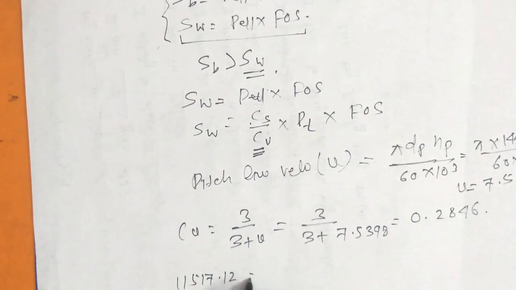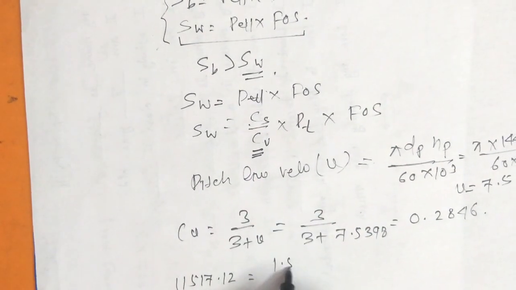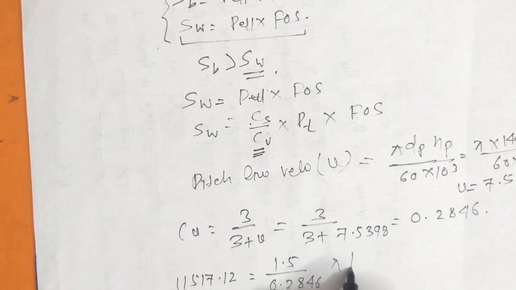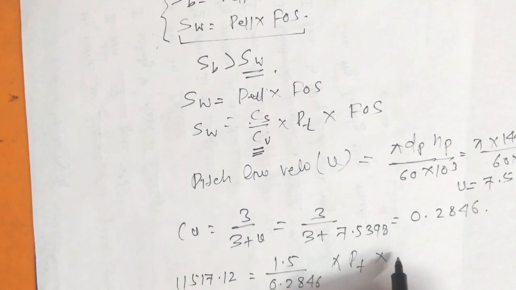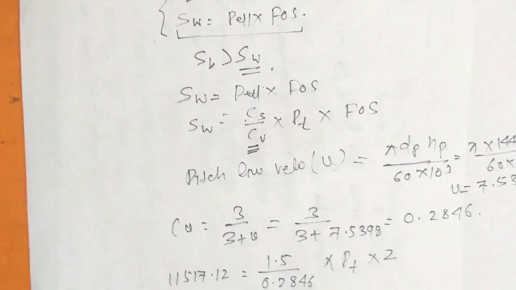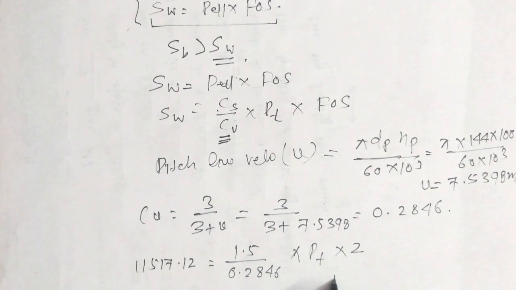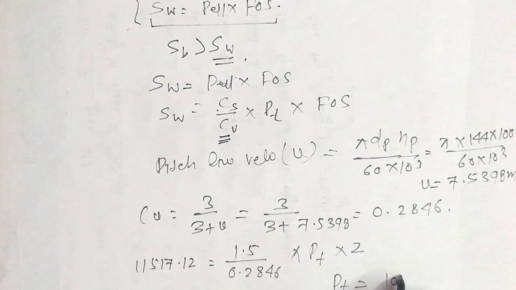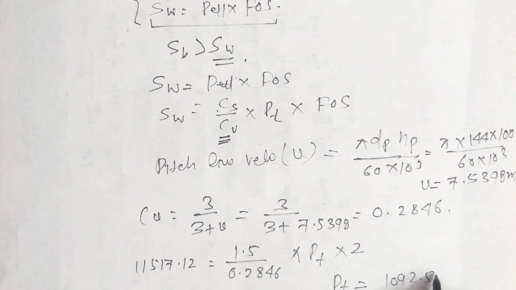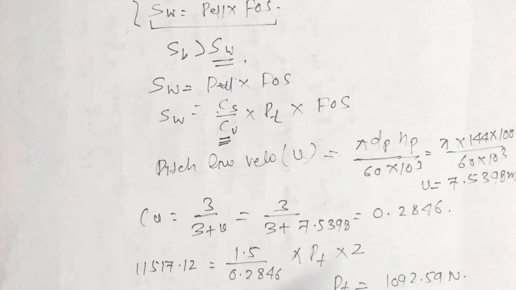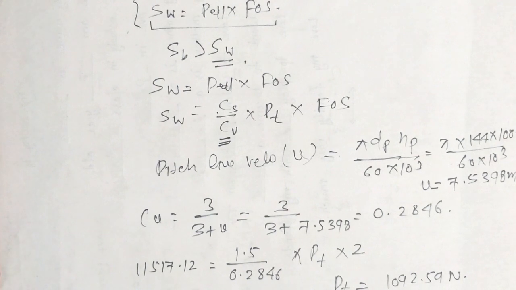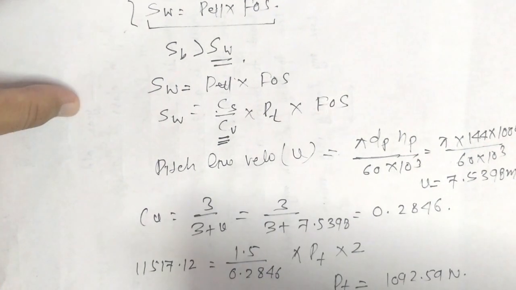This is SW, and CS is given as 1.5 and CV is 0.2846 multiplied by PT, and factor of safety is given as 2. So from here we can find out the PT, which is 1092.59 Newton.